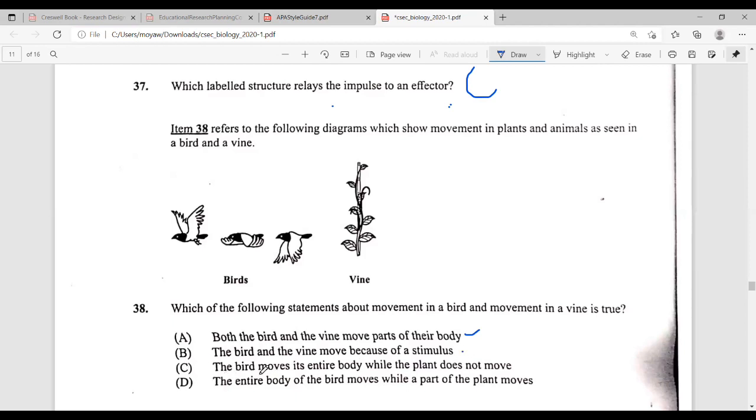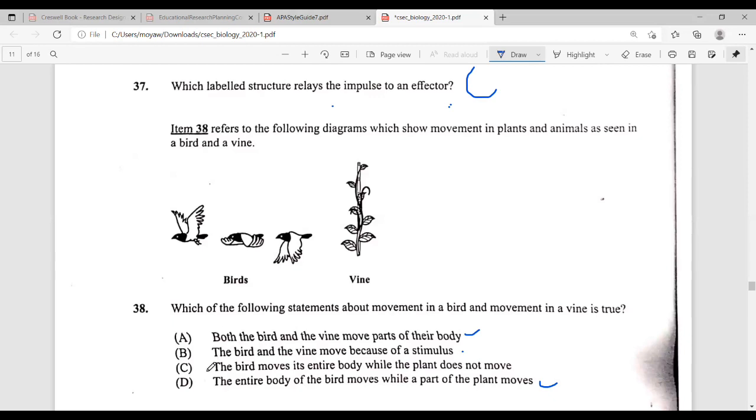Then D, the entire body of the birds move while a part of the plant moves. So this one could also be the answer. So let us look at A and D. So A, both the bird and the vine move parts of their body. That is true. And then D, the entire body of the bird moves while a part of the plant moves.